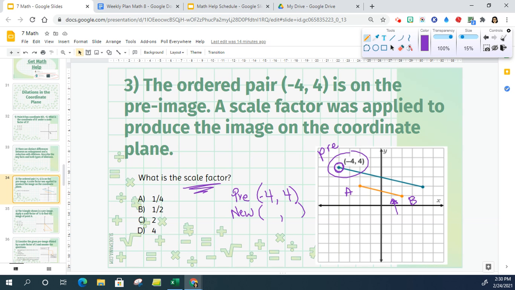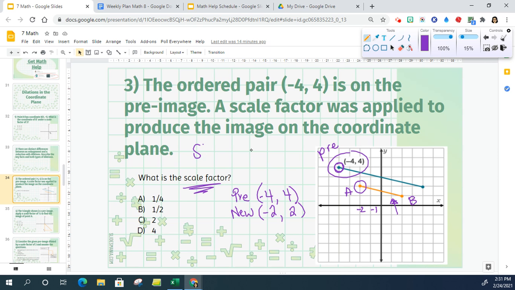It's the A point. And what's the location of that A point? I think it's -2, 2.